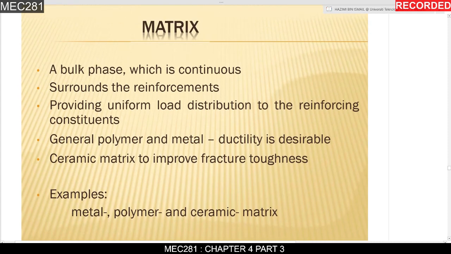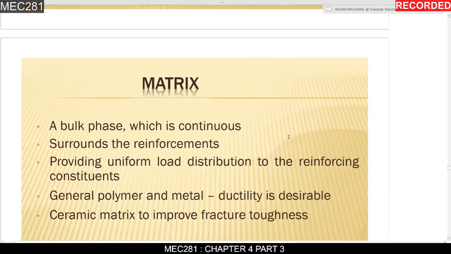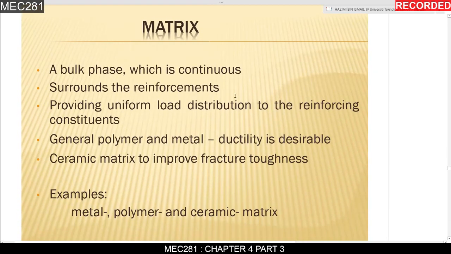Matrix is like the house, the main physical thing, okay, yang maksudnya disperse dalam tu lah, disperse phase dalam tu, dia yang akan mengelilingi reinforcement yang ni lah, disperse ni, okay, disperse phase ni ataupun kita panggil juga reinforcement.